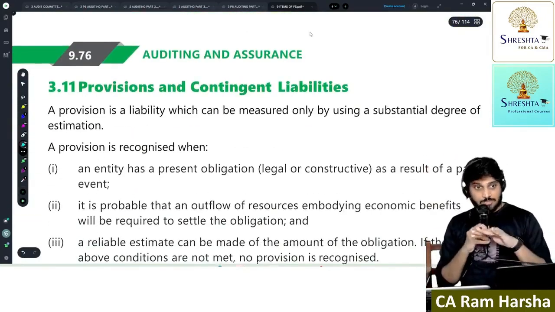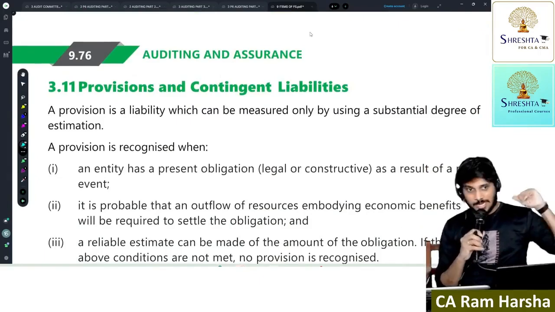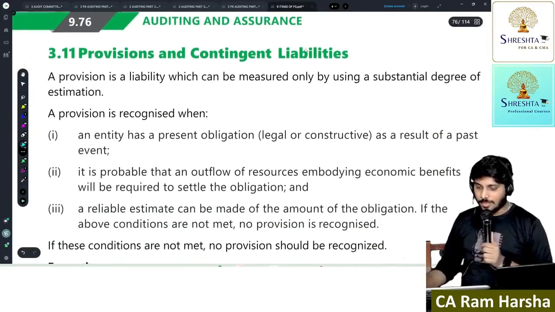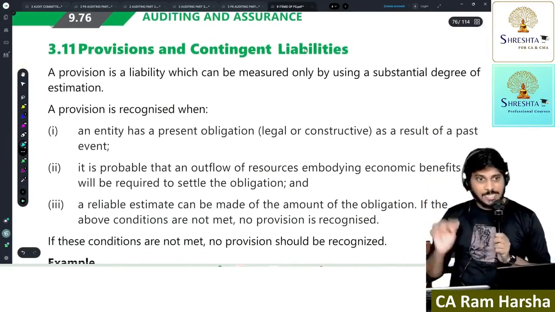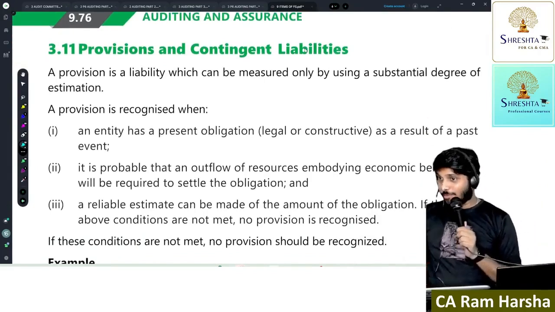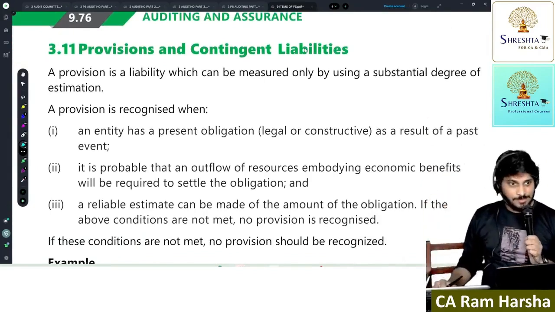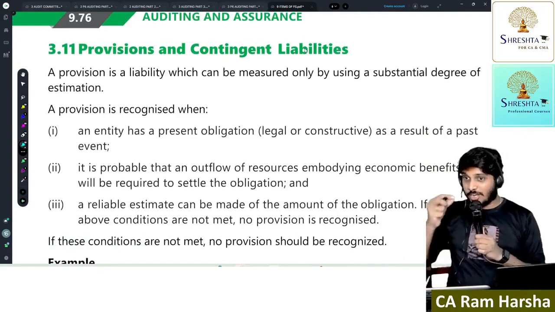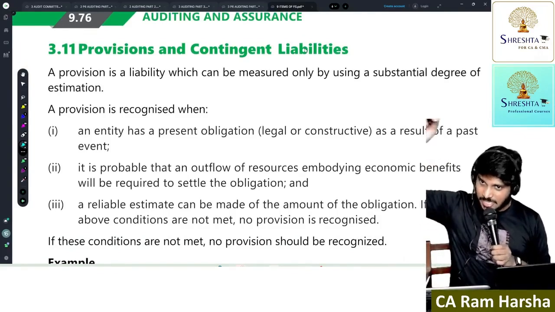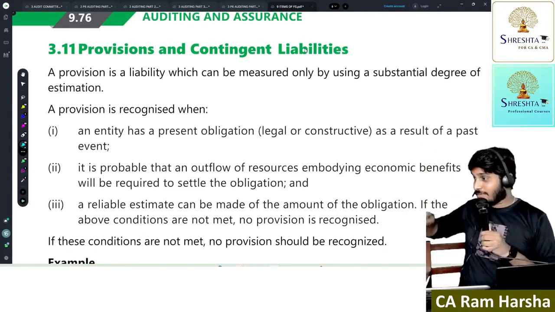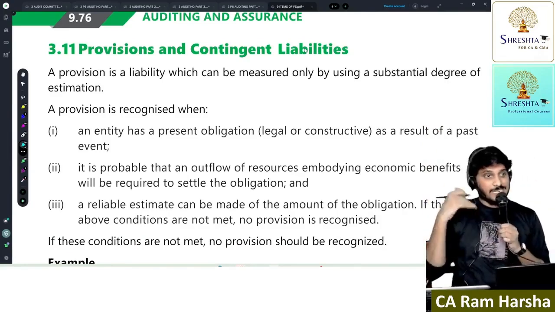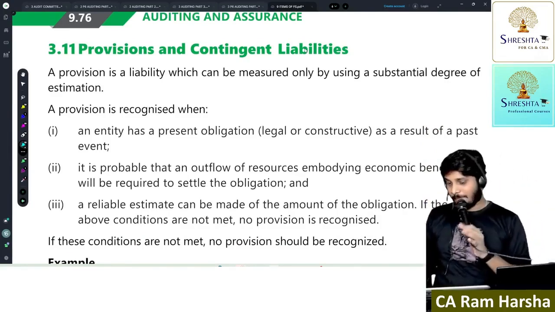Auditor should also check these points in CARO. Correct? Now after reading these items, once again read CARO points. You see how many points you will connect with. In CARO it is talking about the auditor having to report this information in the audit report. Here the company has to disclose this information in the financial statements.